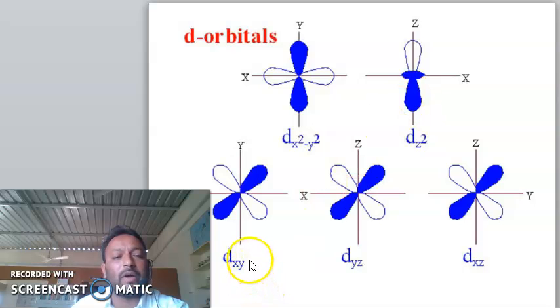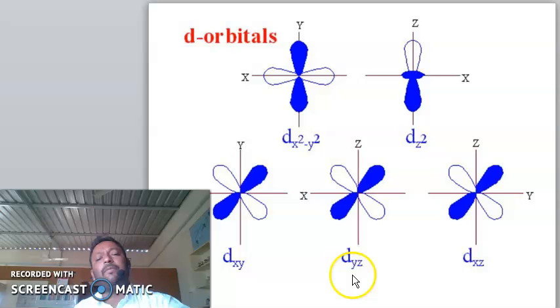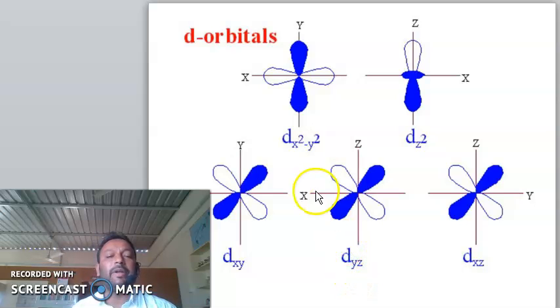Also dxy is in between the x-axis and y-axis. Likewise, dyz is in between the y-axis and z-axis, and dxz is lying between the x and z axis. These are the shapes of d orbitals.